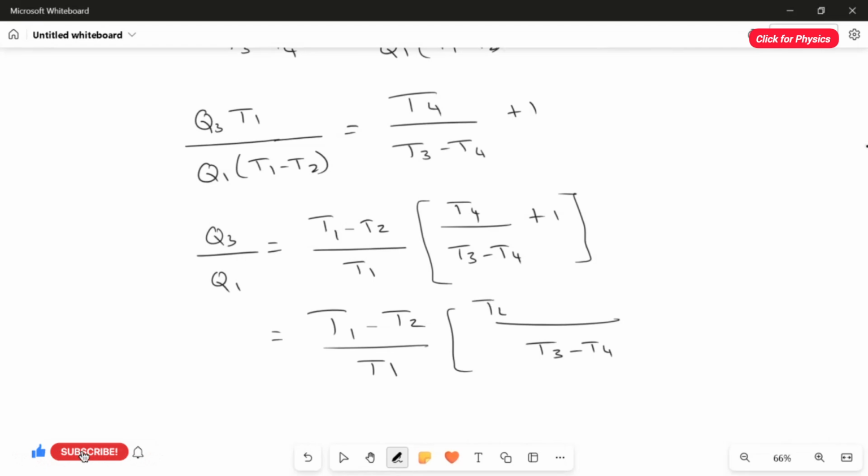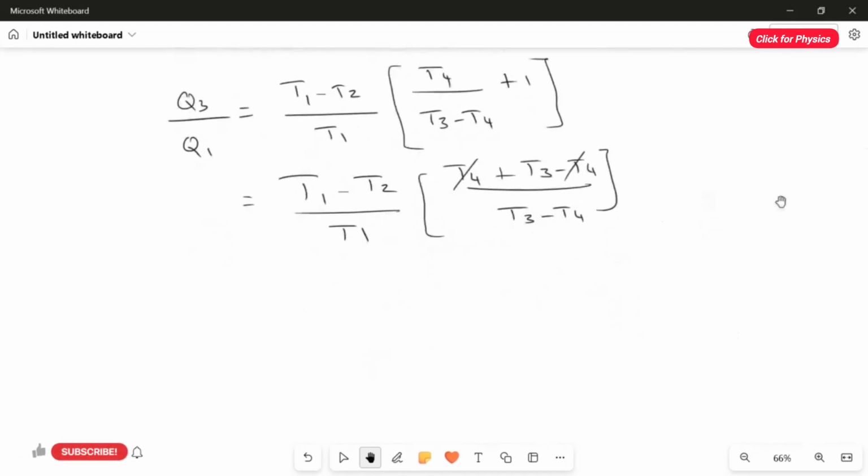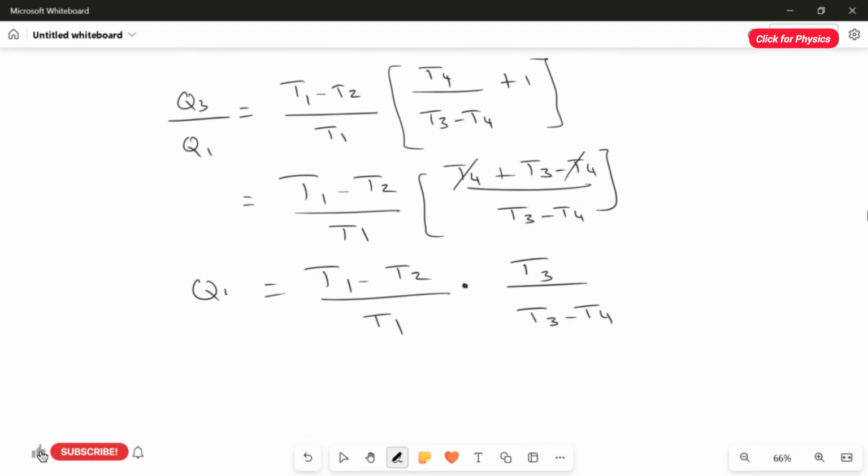By that you will get T4, and here T3 minus T4. So plus T4 minus T4 get cancelled. Now you can see everything is in multiplication form. This term multiplied by that term. So we got T1 minus T2 over T1 multiplied by T3 over T3 minus T4. Left hand side we have Q3 over Q1.